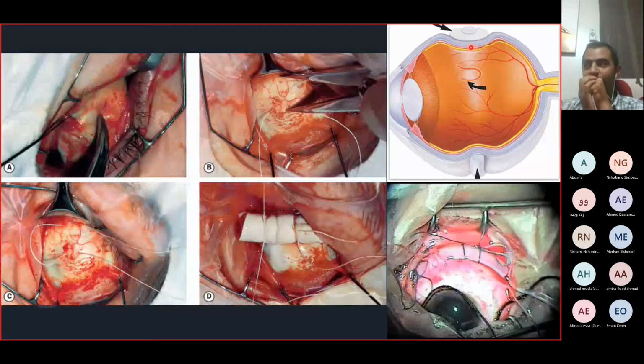And if there are retinal breaks on an attached retina, they should be treated by laser retinopexy. If the patient starts to develop detachment, then he or she will need retinal detachment surgery, either pneumatic retinopexy, scleral buckle, or vitrectomy according to the extent of the detachment.